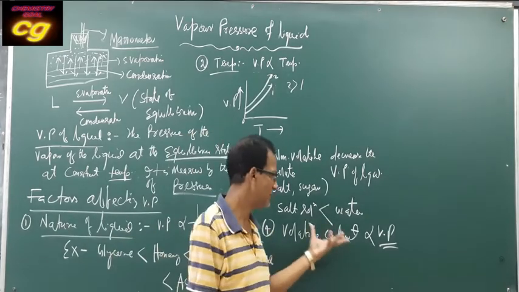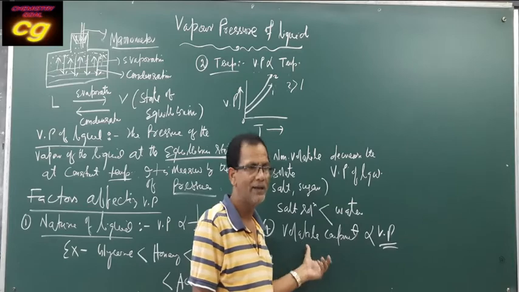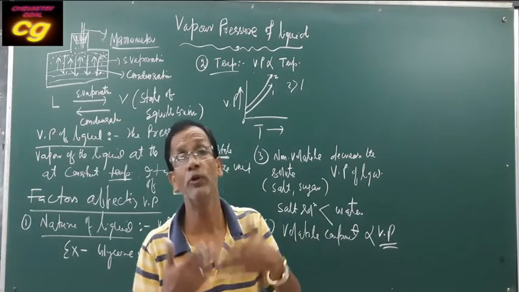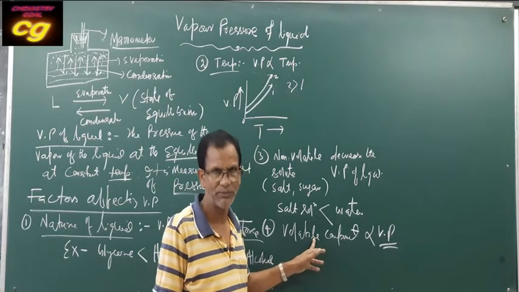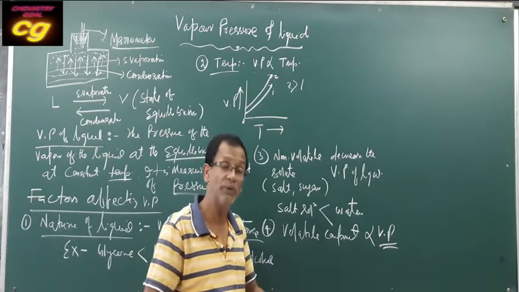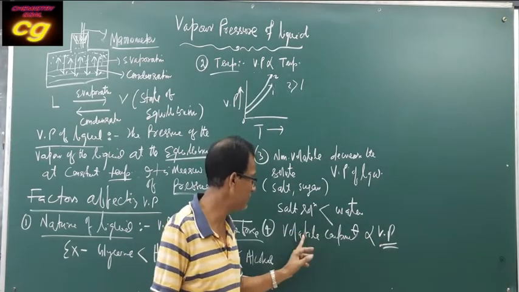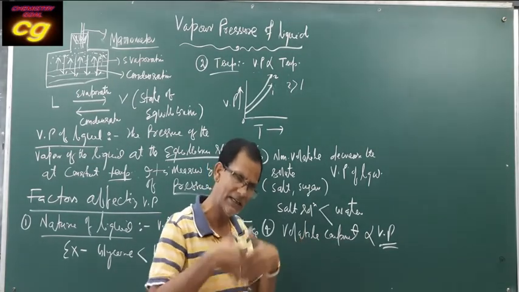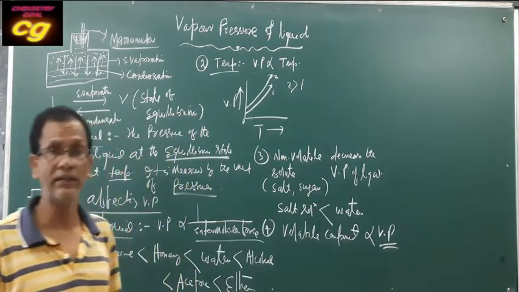That means the vapor pressure we got before adding the volatile component will increase after adding it, because the volatile component itself gives vapor pressure, because it is volatile. When compared to the solvent, if the solute is more volatile, then it gives more vapor pressure. So vapor pressure will be increased.